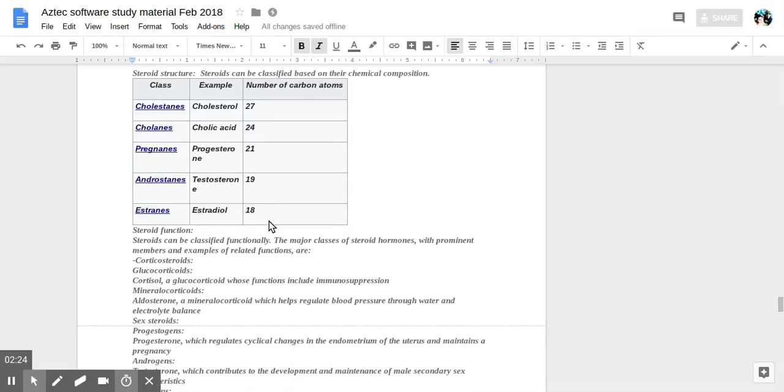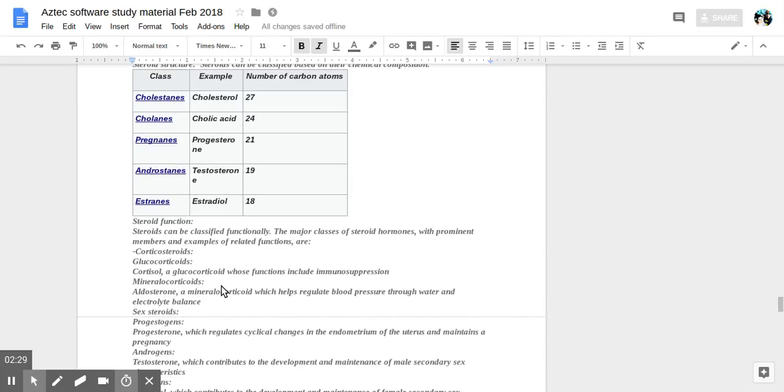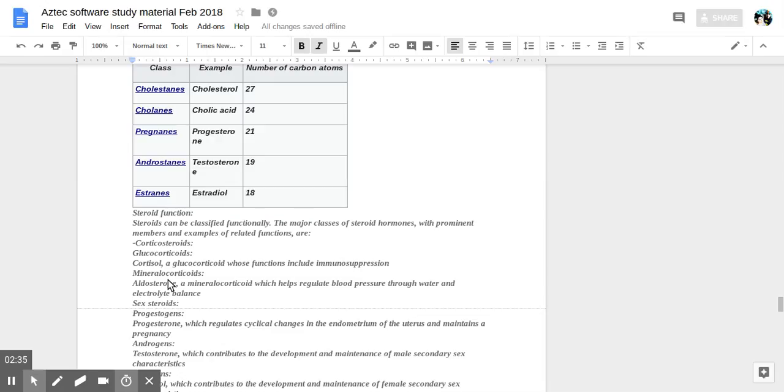Steroid function varies. Functionally, there are the major classes of steroid hormones, with examples of their primary members and related functions.